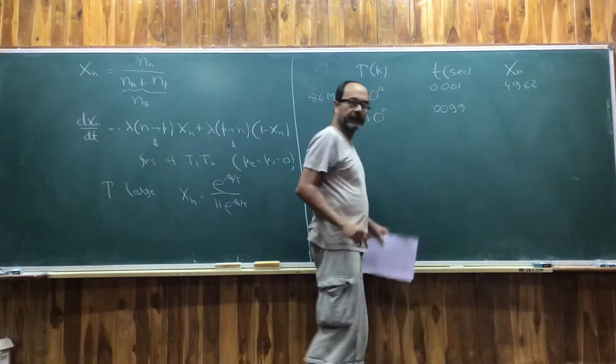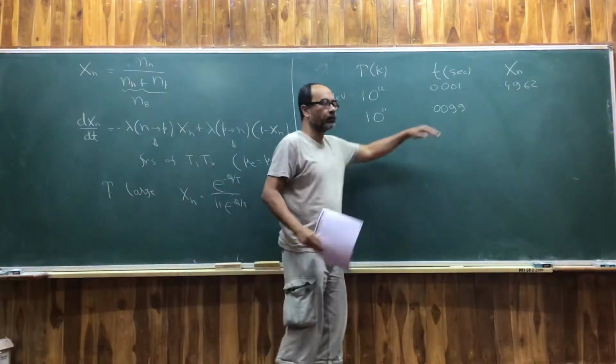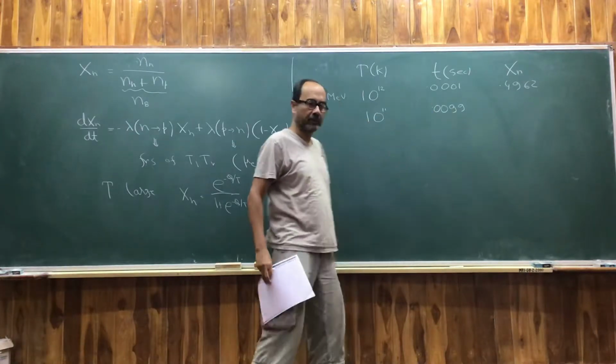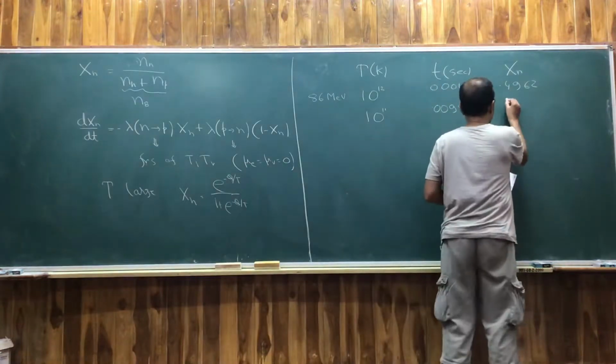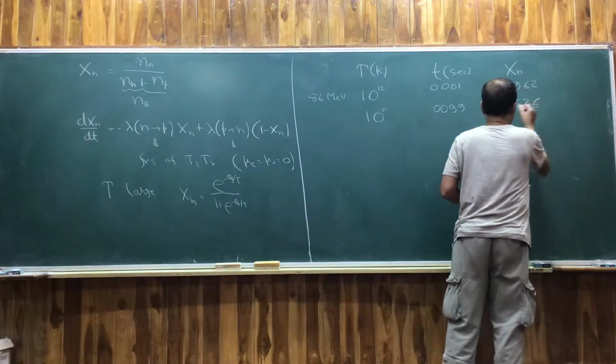That's about 0.01. So in the earlier table, this was set equal to 0. If you compare this table with the earlier table, you will find a shift of 0.01. X_n is 0.4626. So you see the neutron fraction is coming down.